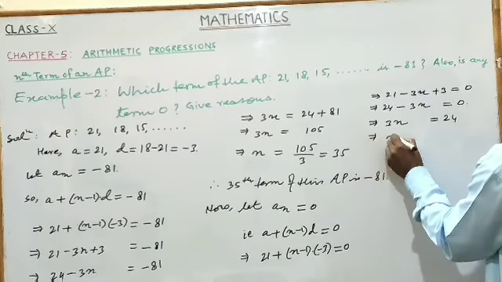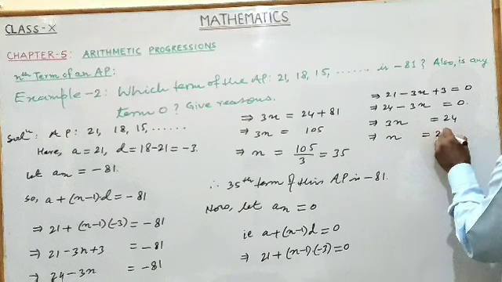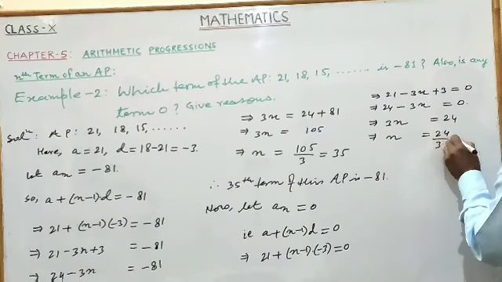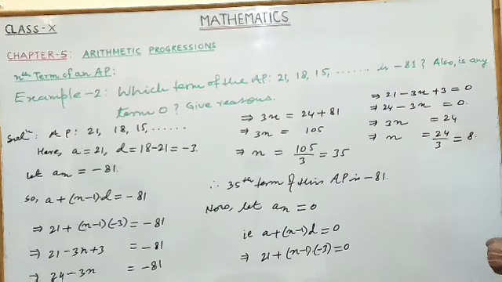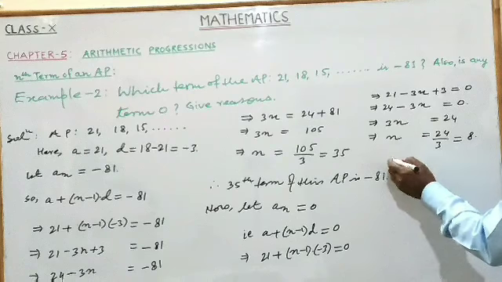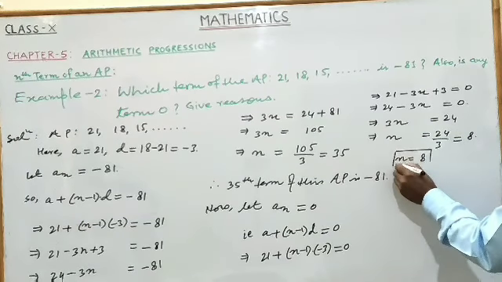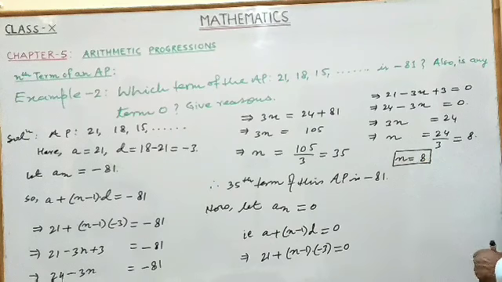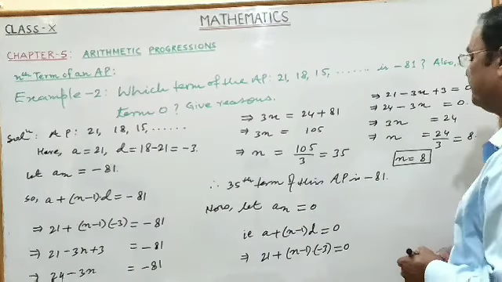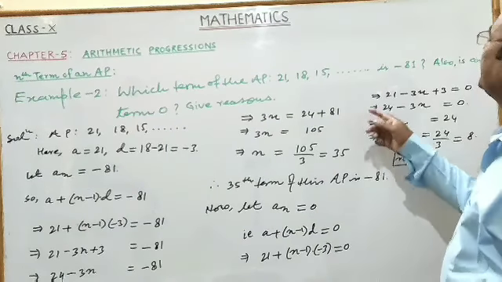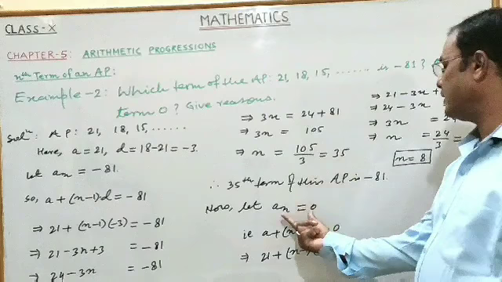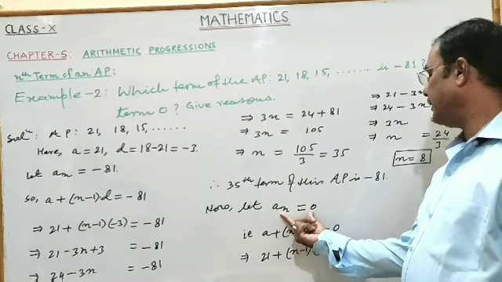So n equal to 24 by 3 equal to 8. Here we have got n equal to 8. So this value of n denotes the position of a term in the arithmetic progression under this condition of nth term is 0.